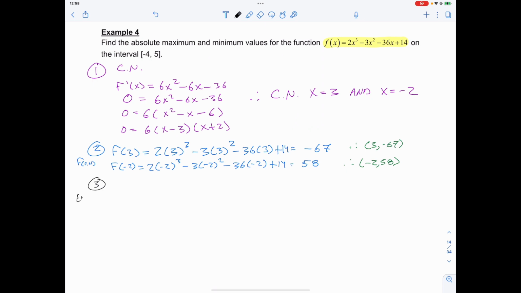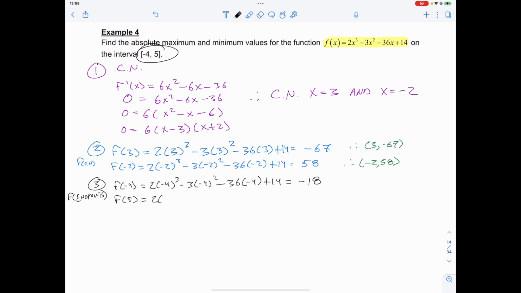Then I'm also going to solve it using the endpoints. It says that it's on an interval of -4 to 5, so the endpoints are going to be at -4 and at 5. And I'm going to solve what those points are as well. So I have 2 times -4 cubed minus 3 times -4 squared minus 36 times -4 plus 14, and I'm going to get -18.